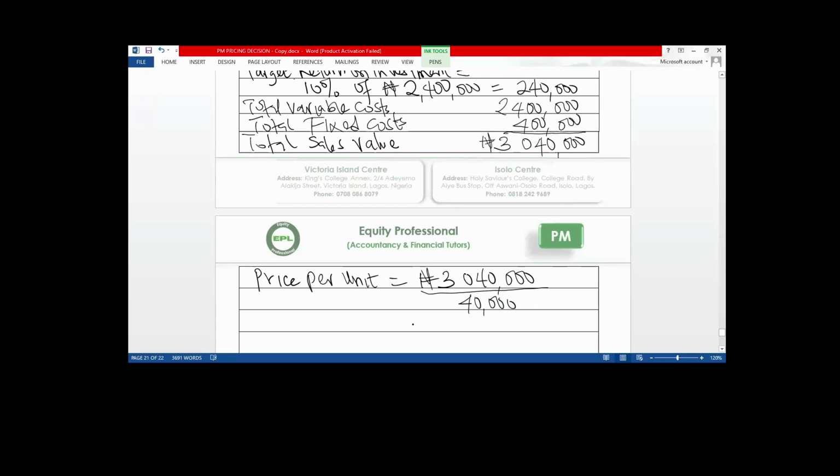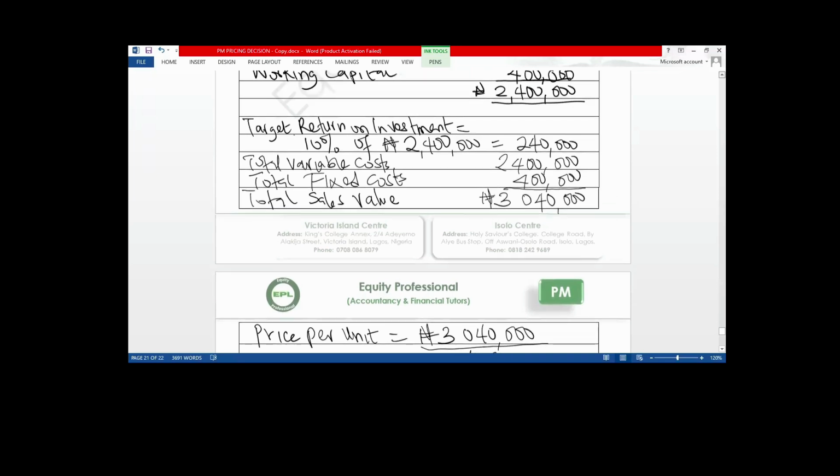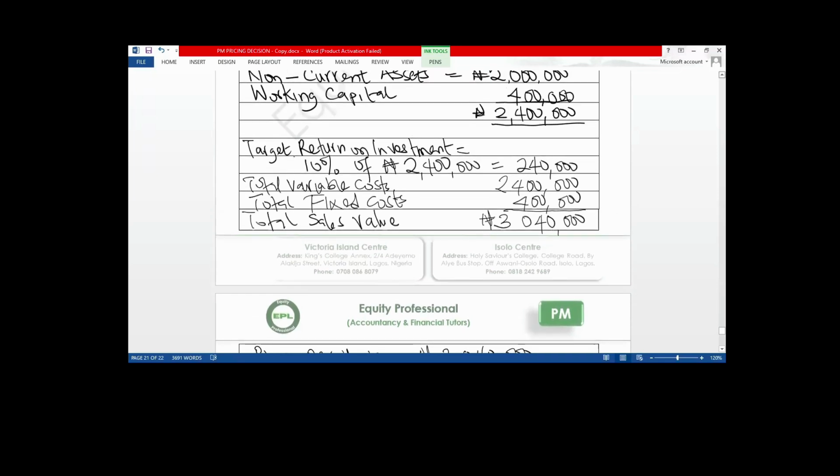Please, what is the price per unit? 76 naira. You are done with this part of the question.